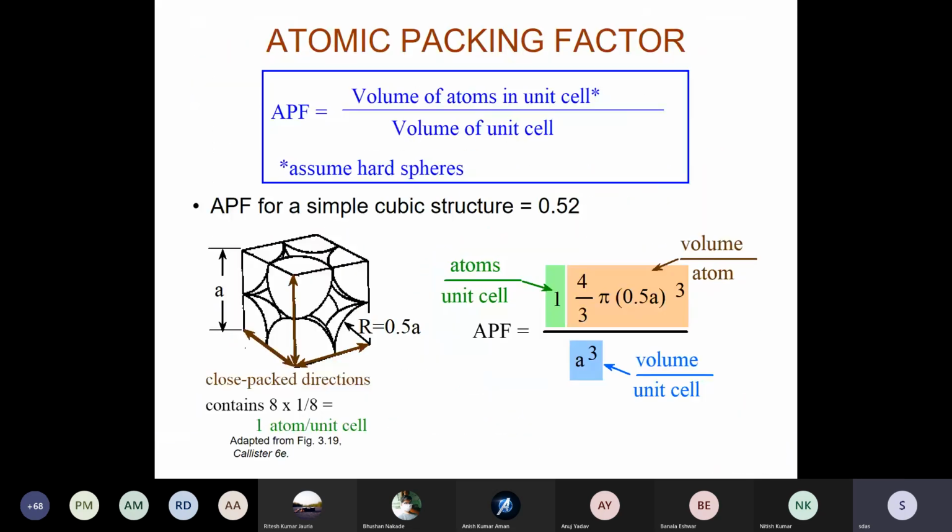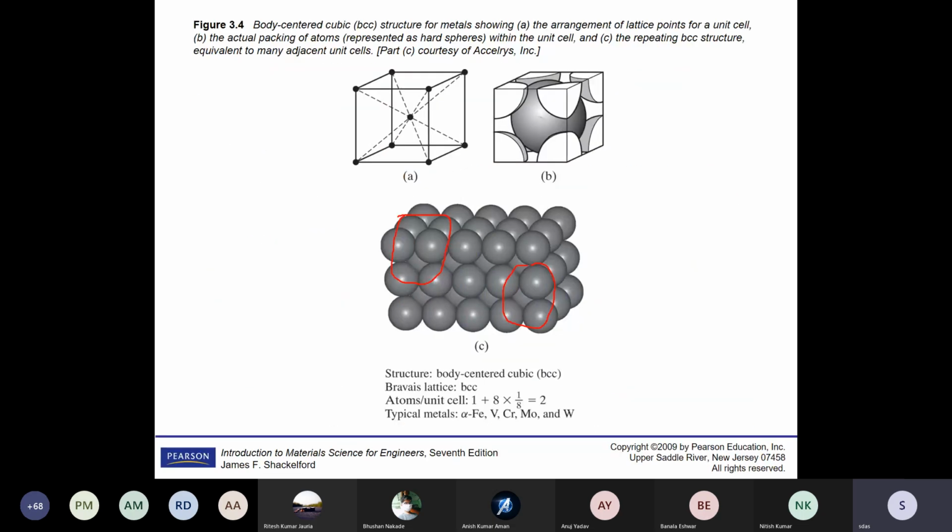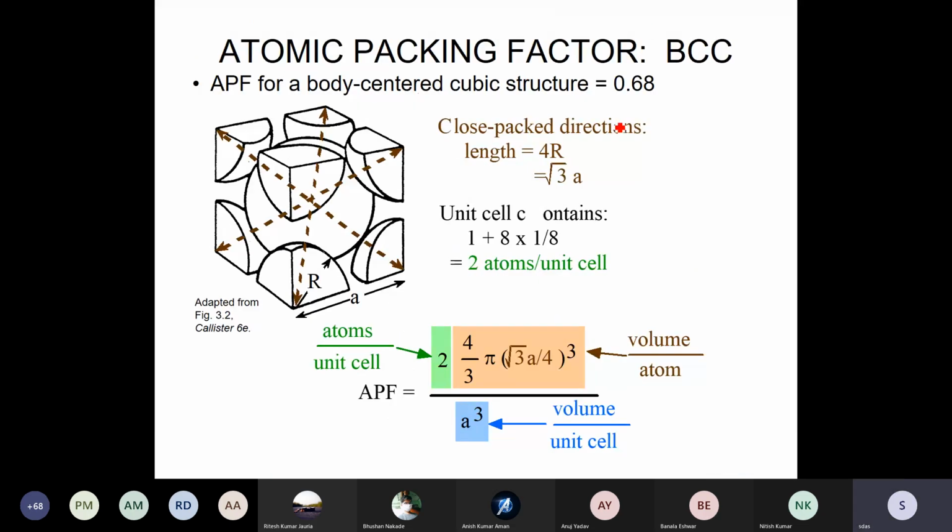For simple cubic, it was 0.52 or 52%. In case of BCC, 0.68 or 68%. So which is more densely packed, simple cubic or body-centered cubic? Definitely body-centered cubic. Instead of 52%, now it is 68%.